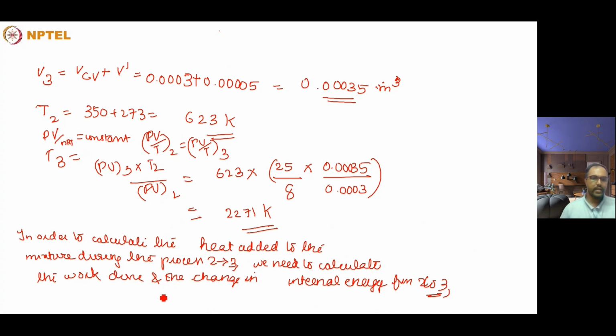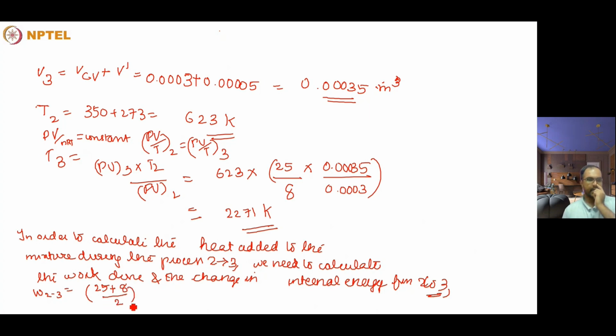So we have to calculate the work done in this process. Work done from 2 to 3 will be equal to the average pressure, since pressure is not a constant: 25 after the combustion and 8 before it.